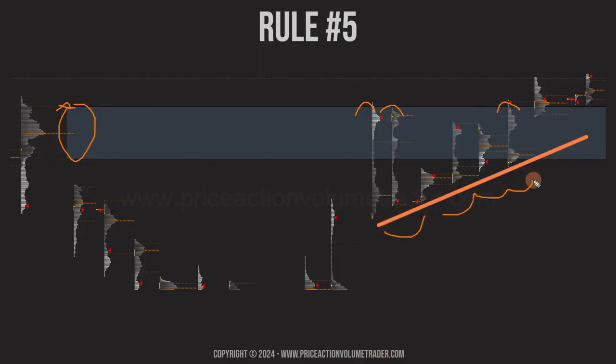We're making higher lows until eventually we have a close through this. This is a holiday, so that's why it looks a little bit messy, those two profiles. But then you can see we have a confirmed breakout here when we have a close at the highs on this day.